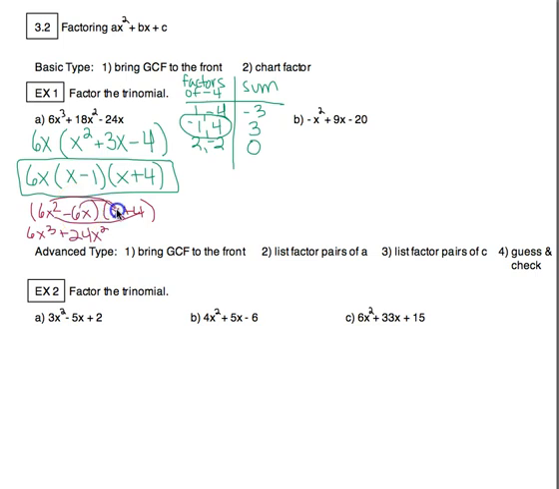Negative 6x times x is negative 6x squared. And then last, negative 6x times 4 is negative 24x. Notice middle terms do give me 18x squared. Remember, this is just my check, and just to illustrate for you if you had one of those working backward problems. All right, now we're going to move on to B.